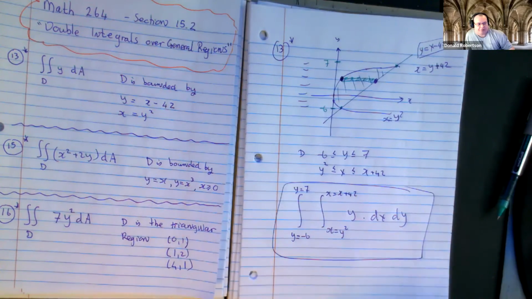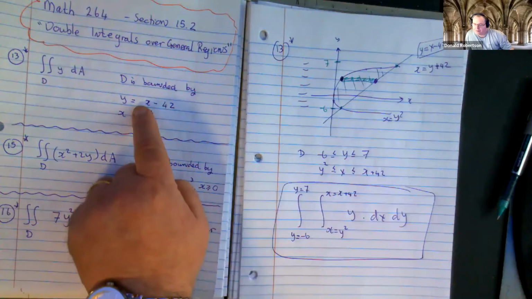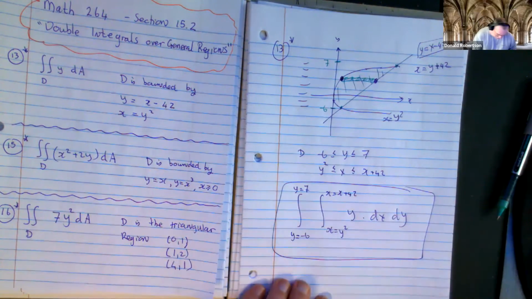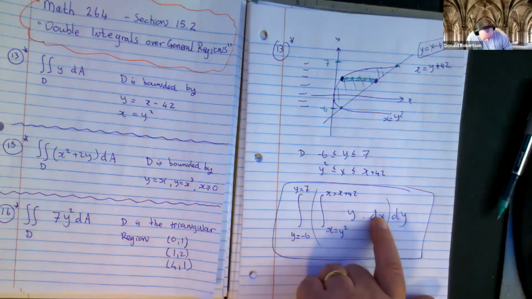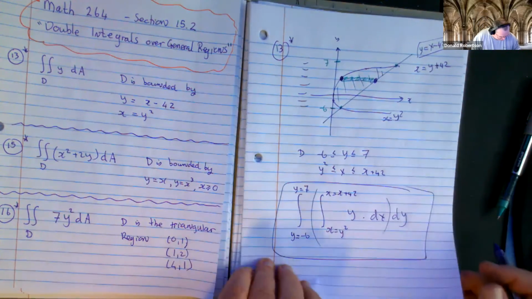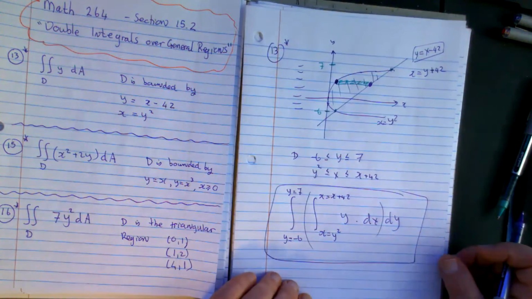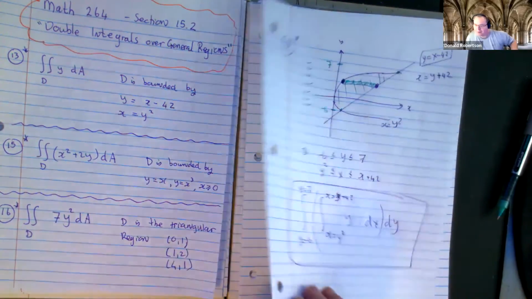Are you comfortable that I've now set up the limits of integration based on the information in front of us? Now, you'd just do the usual, which I'm not doing today: integrate with respect to x and then integrate the answer with respect to y. And that would be y plus 42 and not x plus 42. Did you all catch that deliberate mistake? Yes, it should be.